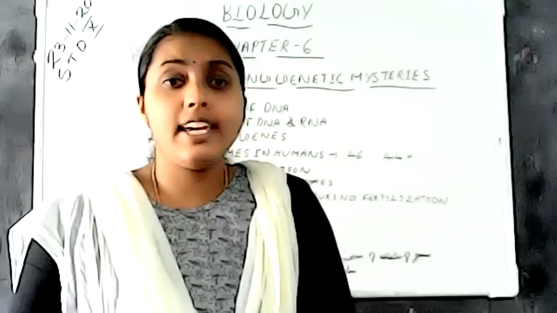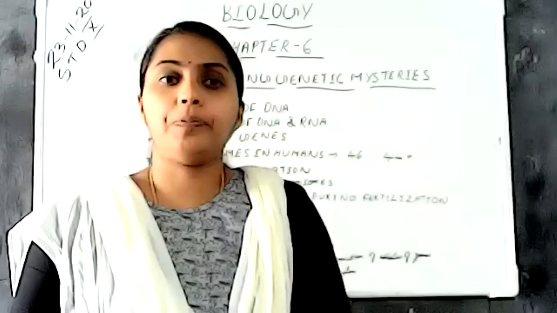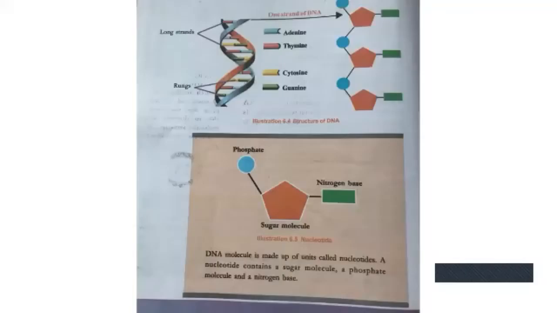Now we can see the structure of DNA. Here in the picture you can see the double helical structure of DNA. You can see two long strands of DNA, and labeled in it are the rungs. Rungs are the steps seen in the double helical structure, and these steps are nitrogen bases.